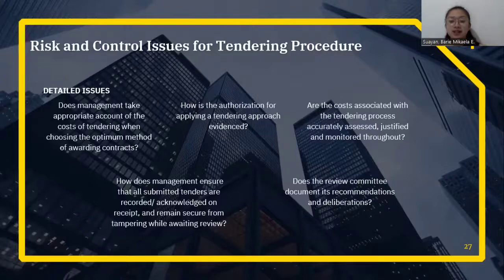Again, the tendering procedures' primary goal is to pick the best contractor for the task while keeping the economic, quality, stability, and technical challenges in mind.